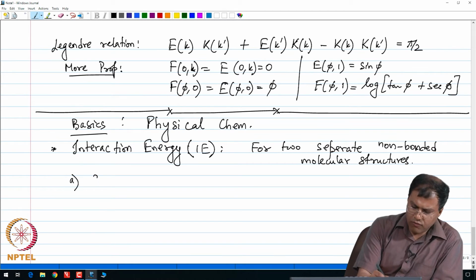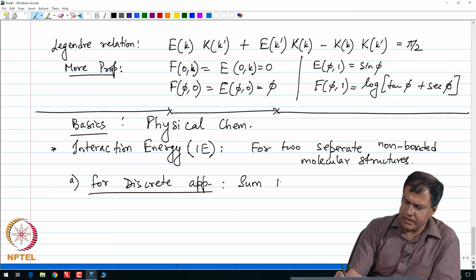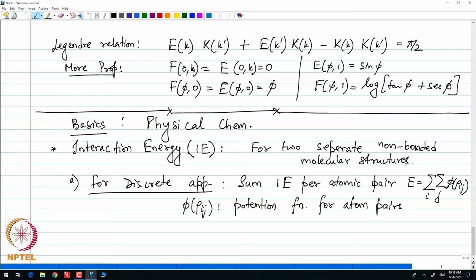So for discrete applications, I can sum the interaction energy per atomic pair, or sum the interaction energy per structure, where my net interaction energy E is given by the double summation over i, j of phi of rho_ij, where phi of rho_ij is defined as the interaction potential function for my atom pairs i, j.